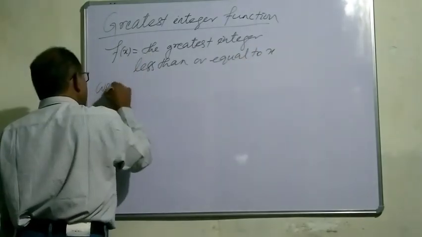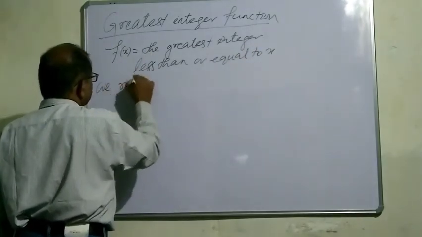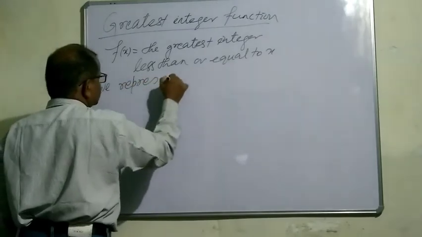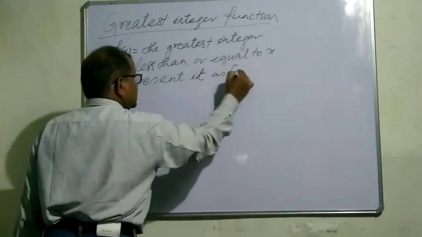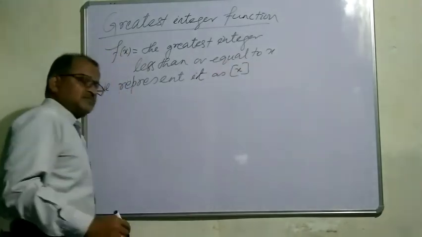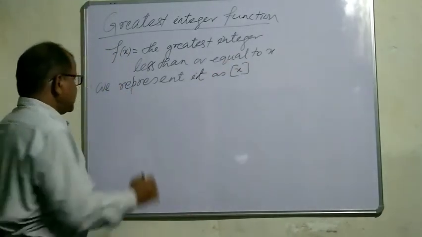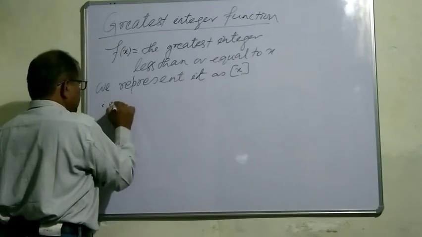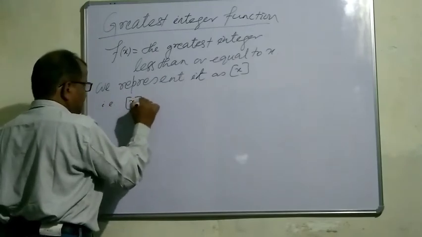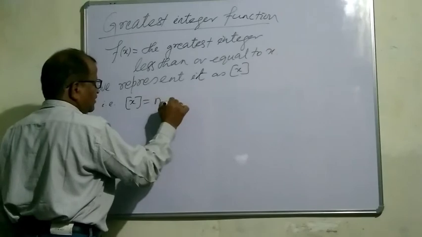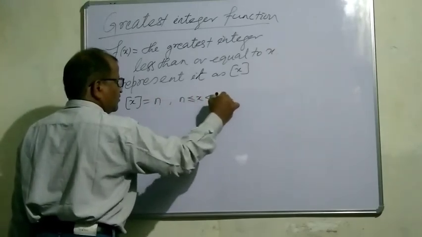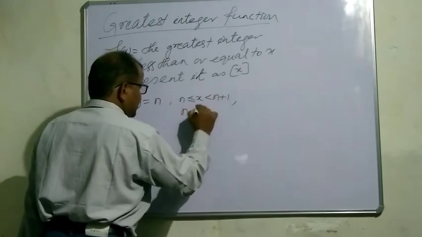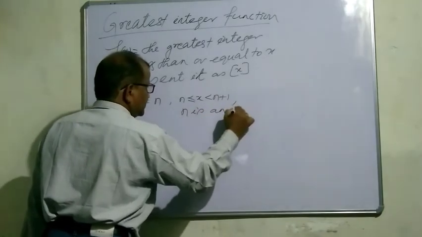We denote it, we represent it, like this. f(x) is equal to this. That is, we can also write this is equal to n, when n is an integer.